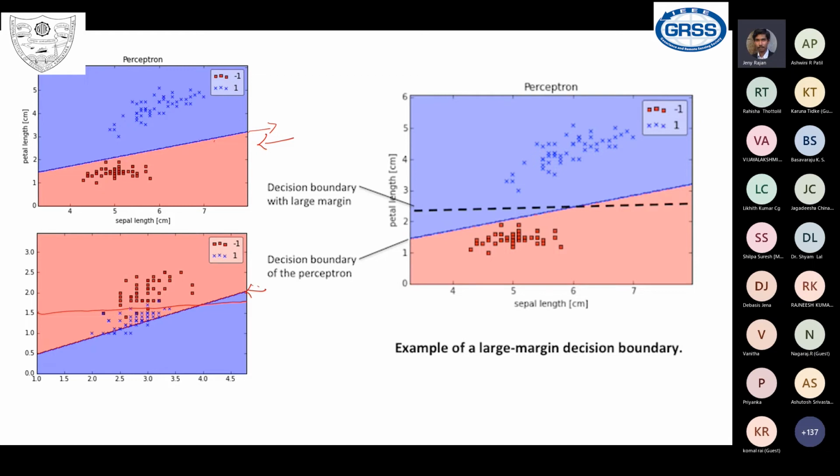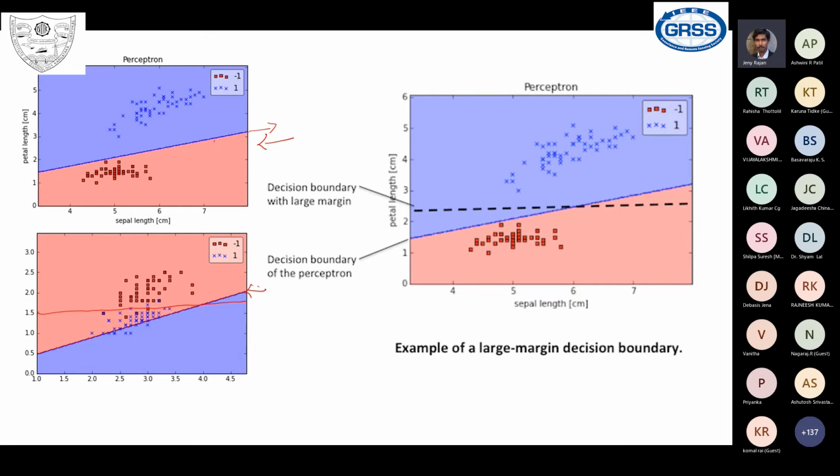The decision boundary generated by the perceptron is not a large margin decision boundary. The margins are small. Since the margins are small, if the data is not linearly separable, the error will be high with the perceptron. If the data is linearly separable, the model will converge and you will get a solution to the problem. But if the data is not linearly separable, then the error generated by the perceptron will be very high. So this is another drawback of the perceptron.